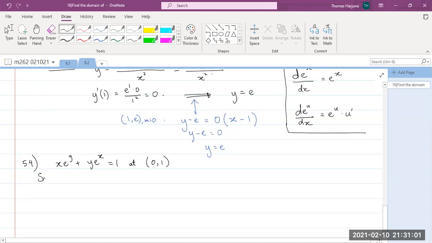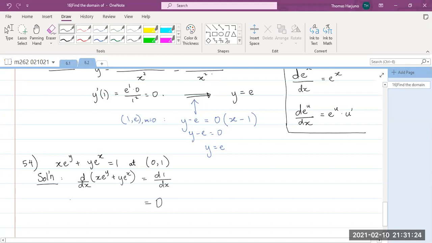So solution. I remembered something. That's good. Okay, so I will take the derivative of the left-hand side with respect to x equals the derivative of the right-hand side with respect to x. Of course, the right-hand side becomes 0.